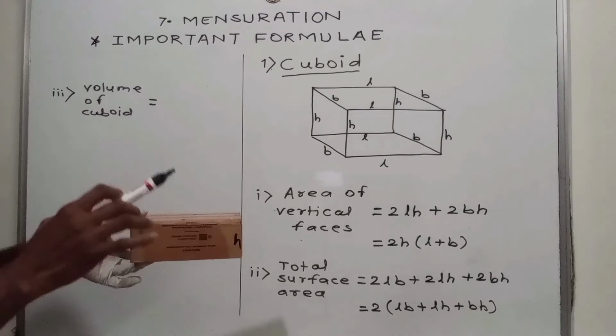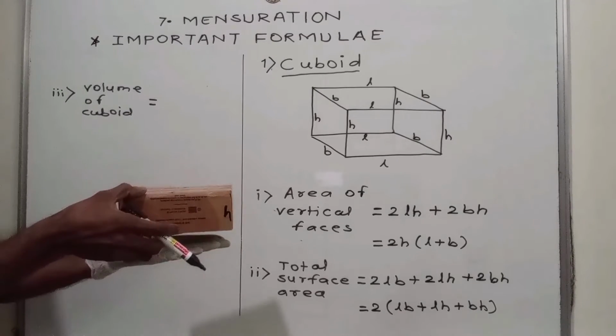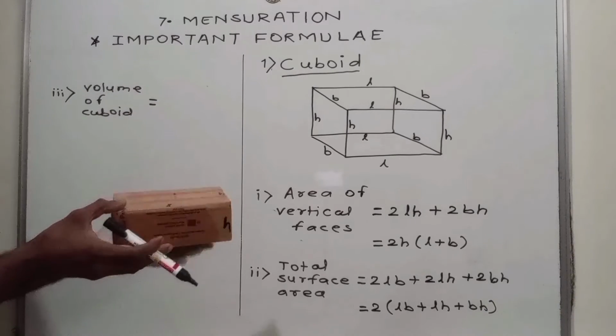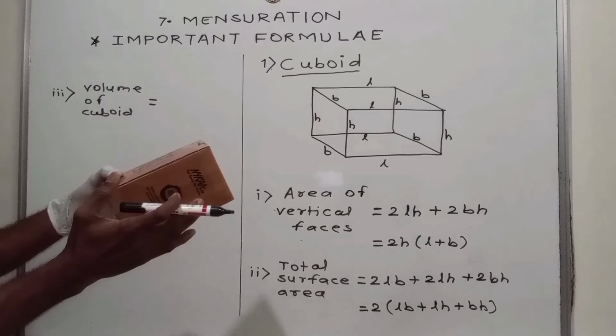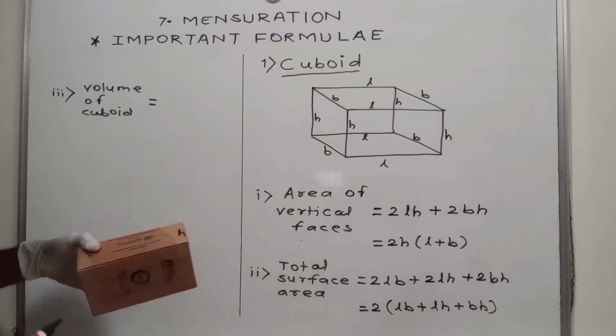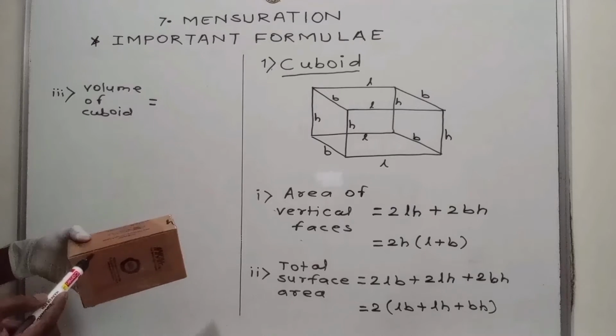We find volume, and when we add anything, that rests on this base, and the base is a rectangle.